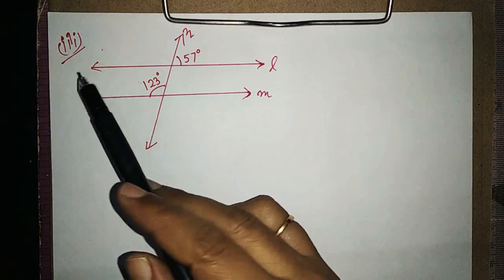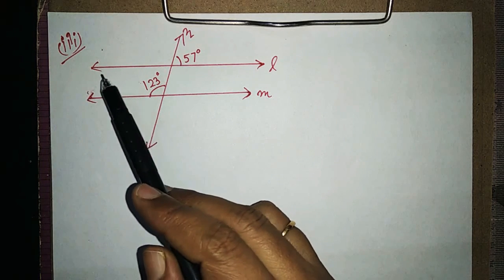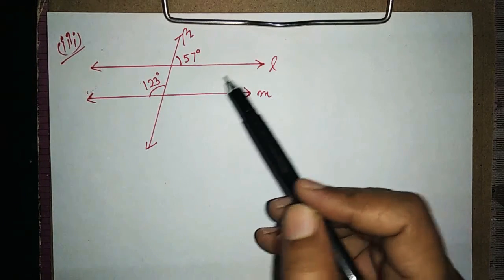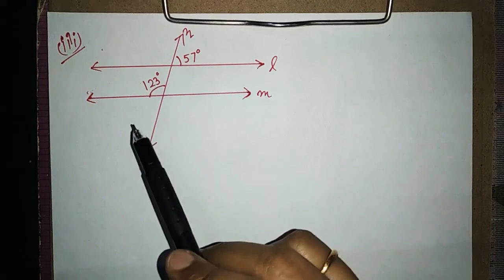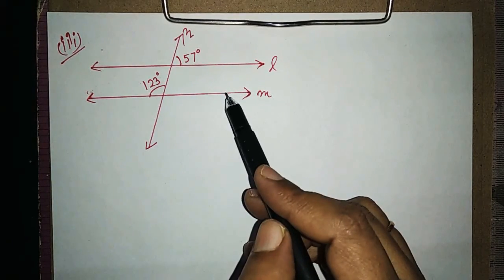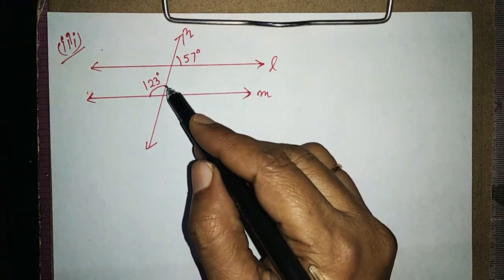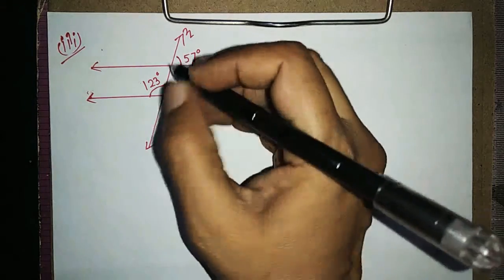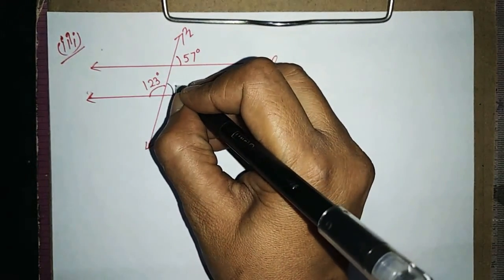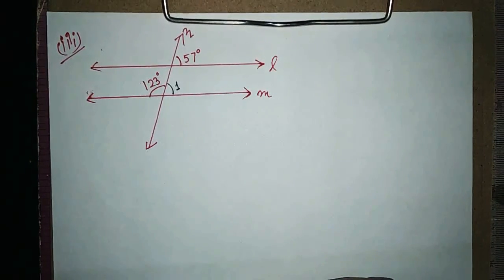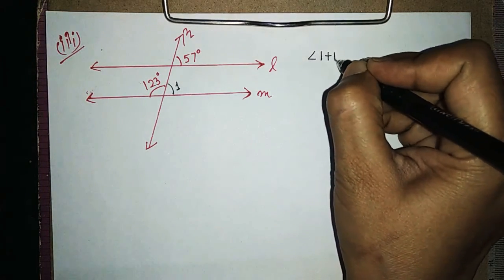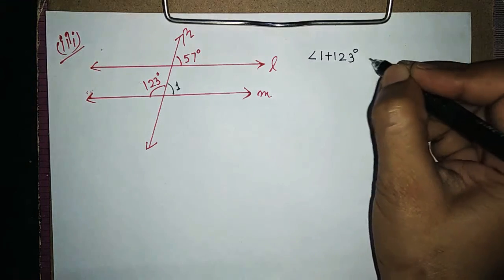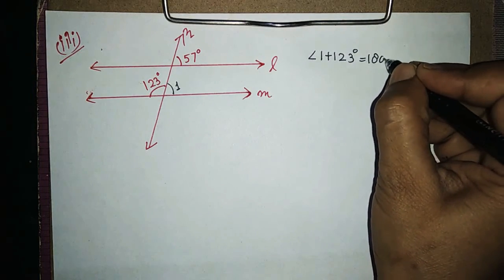Now see the third part of this question. In this part also we have to tell the same thing, L is parallel to M or not. Okay. For this part, here we will assume this angle. Okay. Here we are taking this as angle 1. Okay. Now angle 1 plus 123 degree is equal to 180 degree.